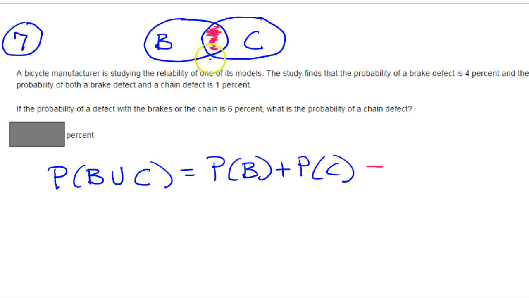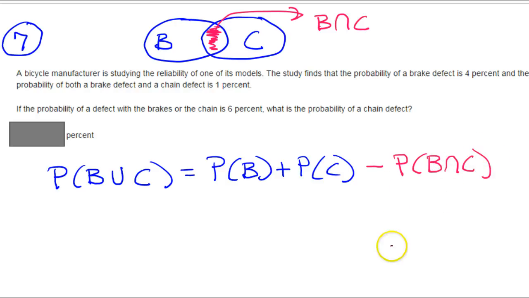The overlapping area is called the intersection of B and C, and we write it this way: B intersection C. So we need to subtract the probability of the intersection of B and C when they overlap. It's a slight modification to the addition rule for mutually exclusive events.